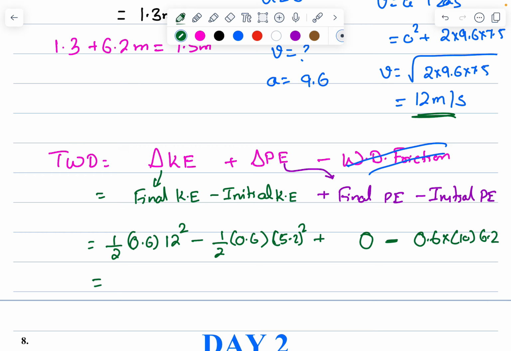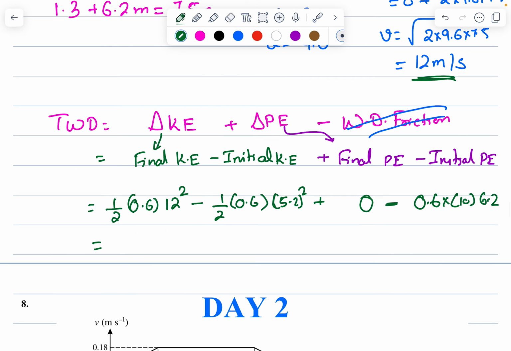So if I simplify this: 0.5 times 0.6 times 12 squared minus 0.5 times 0.6 times 5.2 squared, plus 0 minus 0.6 times 10 times 6.2. This should give me the total work done, which is minus 2.112 joules.